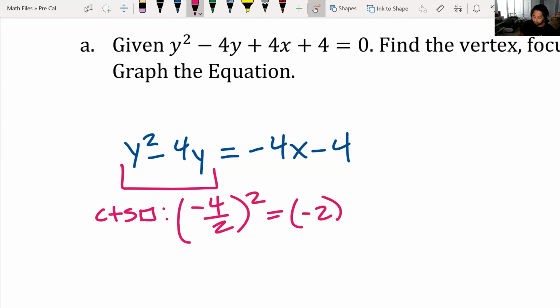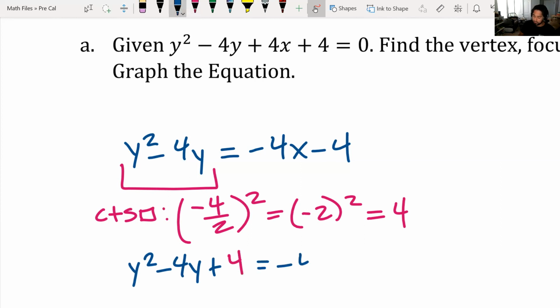So negative 2 squared is 4. And then again, what do we do with that number? We add it to both sides. y squared minus 4y plus the 4 from completing the square equal to negative 4x minus 4 plus the 4 from completing the square.